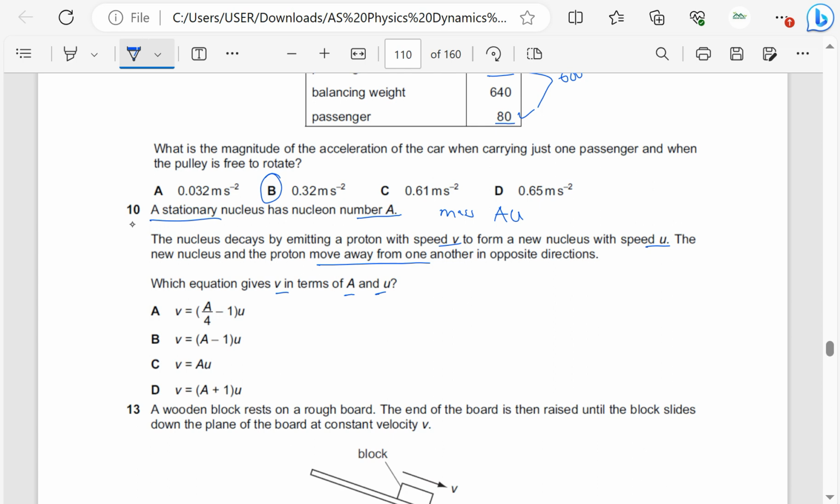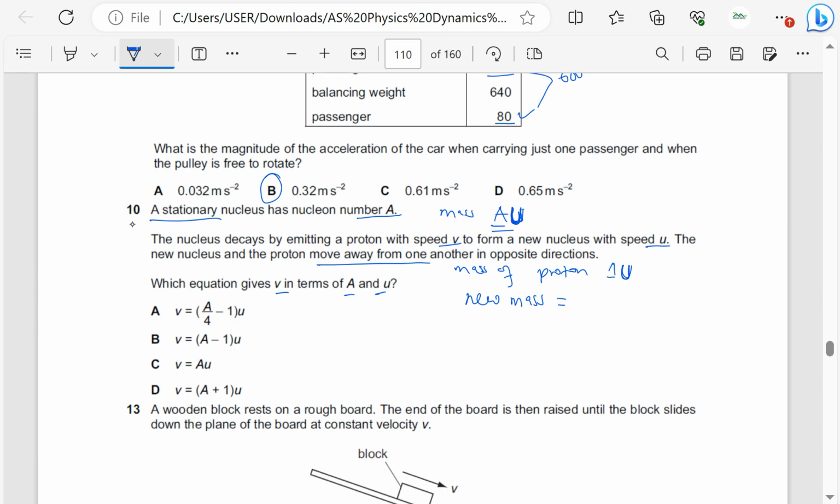Where I want to distinguish this U here, let me make it capital U. A times U, where U is the unified atomic mass unit. Then the mass of a proton, we know that the mass of a proton is 1 U. Okay, so the new mass now is going to be the initial mass minus the mass of a proton.